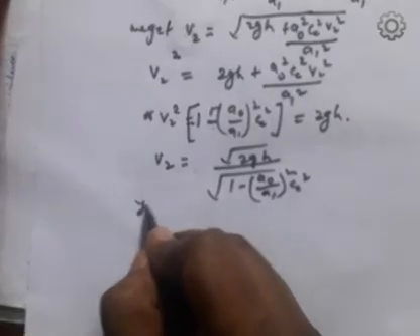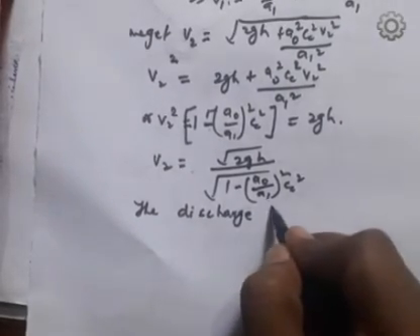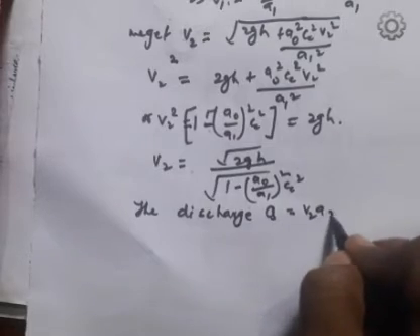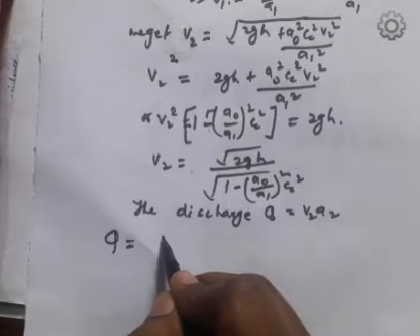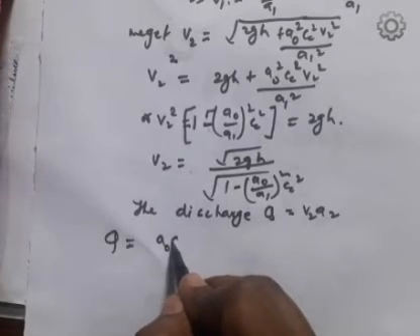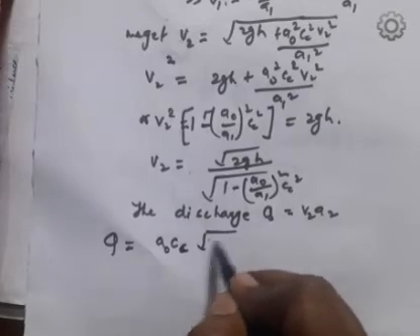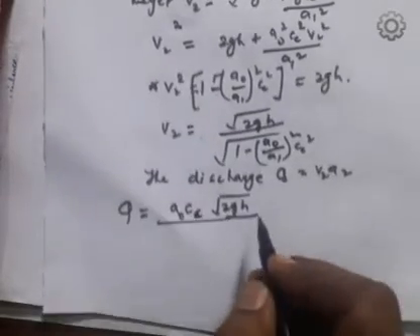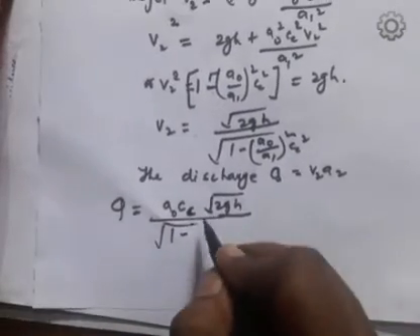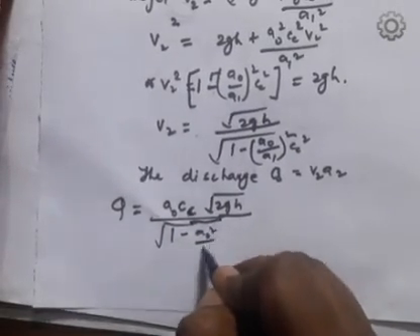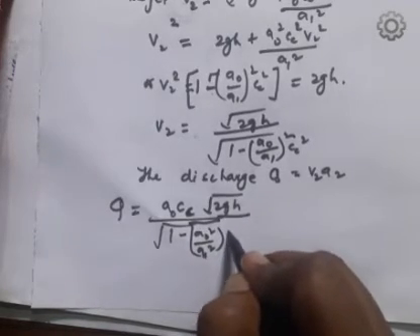The discharge Q is equal to V2 A2. So we get Q is equal to A naught Cc root 2gh by root under 1 minus A naught square by A1 square into Cc square.